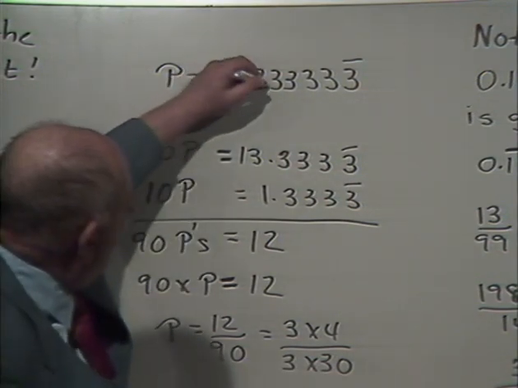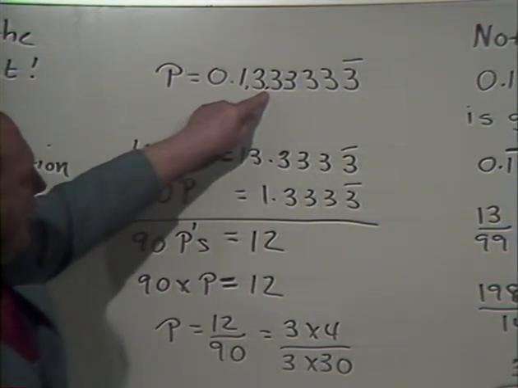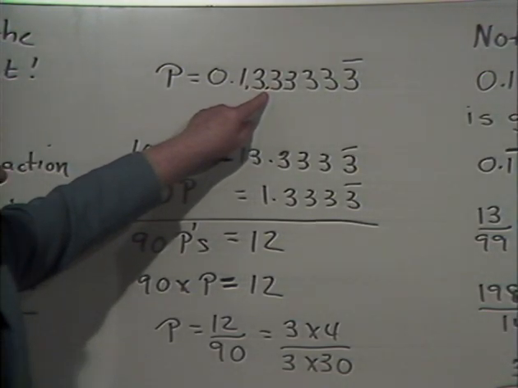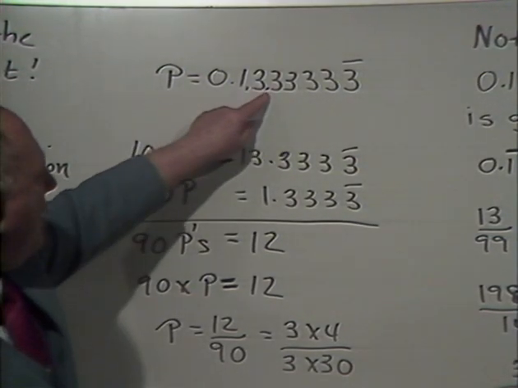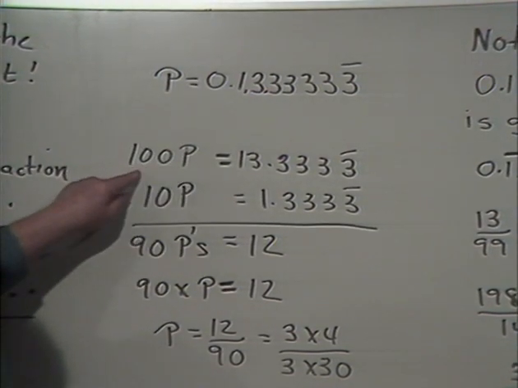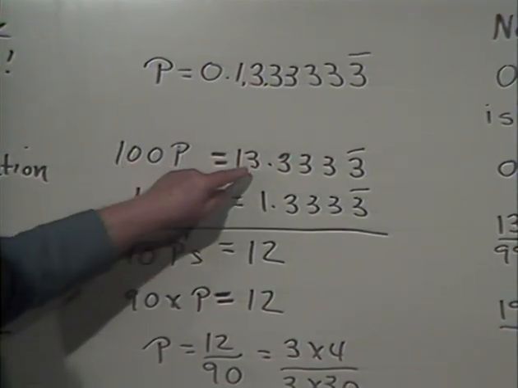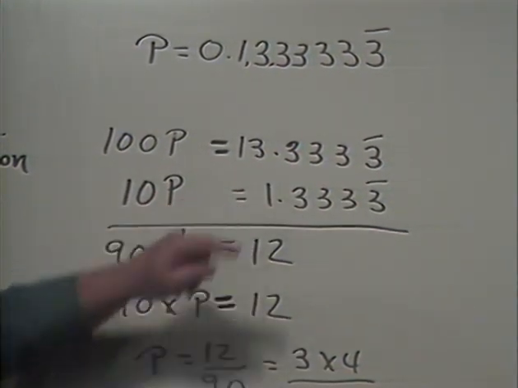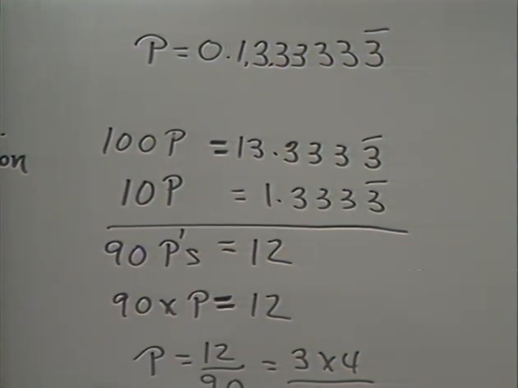If I moved it one more place, that means 2 places altogether. Wouldn't the repeating cycle just be 0.33333 endlessly? But if I move the decimal point 2 places, I've multiplied p by 100. So 100 p's are 13.3333 endlessly. 10 p's are 1.333 endlessly.